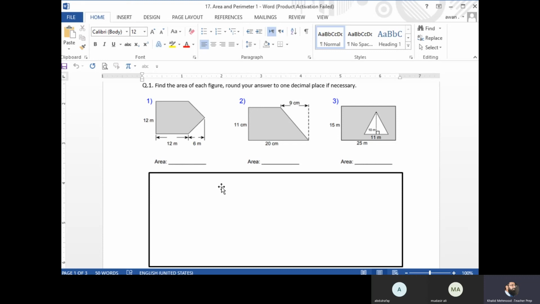In this shape, the bottom is 20 centimeter and the vertical is 11 centimeter, and the non-given length at the top is 9 centimeter, and this height we don't know about. Okay, now how will we do it? Now let's check it out.